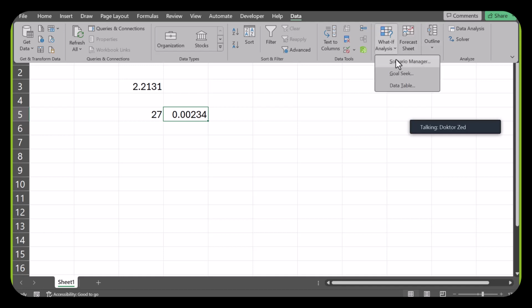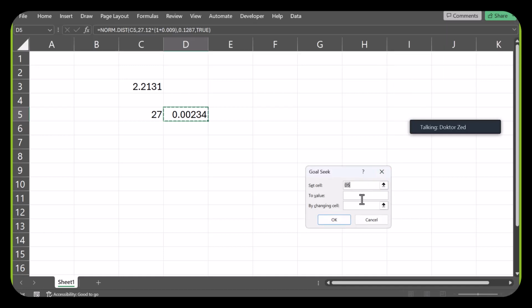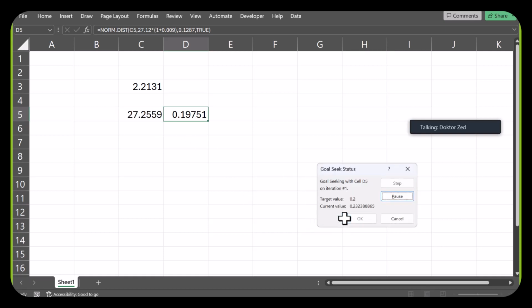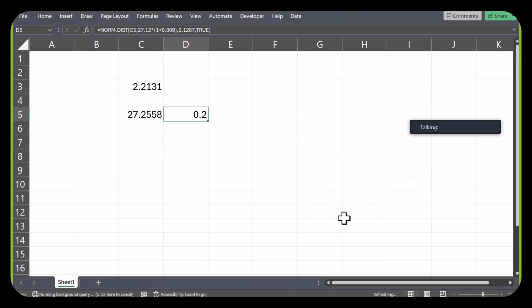We have a better way of doing it, but for now, I'm just going to do Goal Seek to value 0.20 by changing this. If it was available, 27.25 is the proper strike. Unfortunately, not all strikes are available.